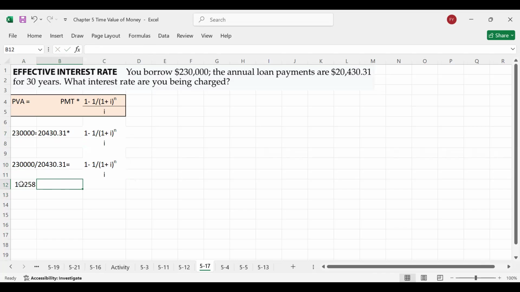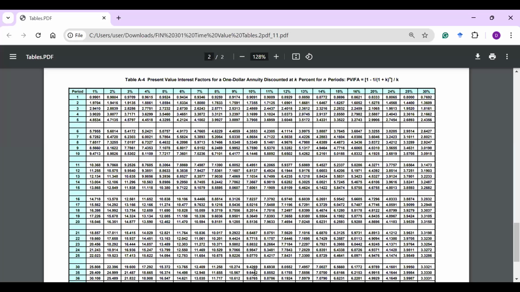Now we are going to search the present value of annuity table, and we will find the 11.258 factor, and match this factor with the percentage or rate of interest. But you will have to remember one thing: we have 30 years. So N is 30. I'm going to share the table again.